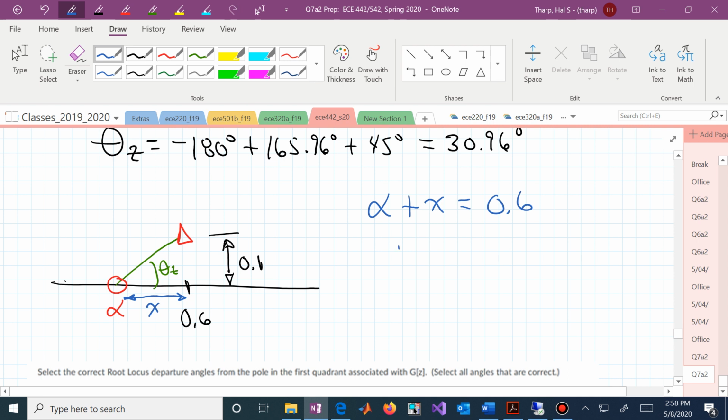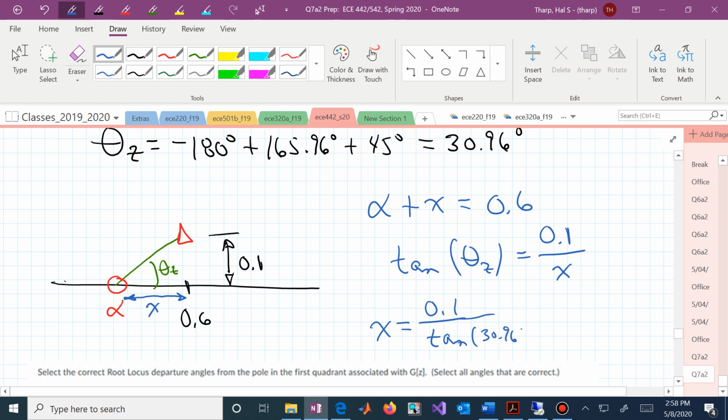In this case, the tangent of theta sub z is our vertical change, 0.1, over our horizontal change, which is what we're trying to find, which is x. X is now 0.1 divided by the tangent of this 31 degrees. X now ends up being 0.167. Let's just say it's 0.1.